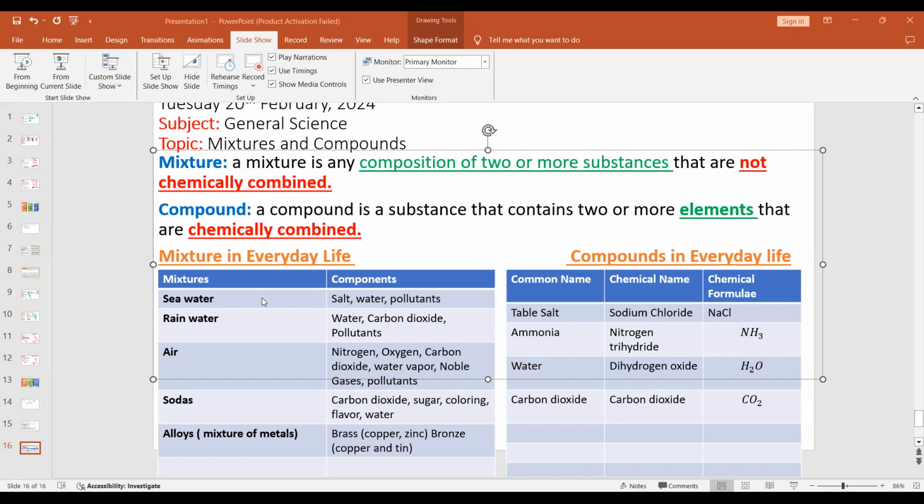Jeremy, give me an example of a compound. I can't hear you. Table salt. Table salt, very good. And Kevin, give me an example of a mixture.